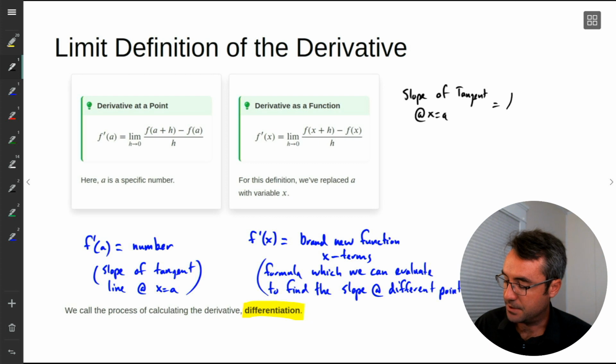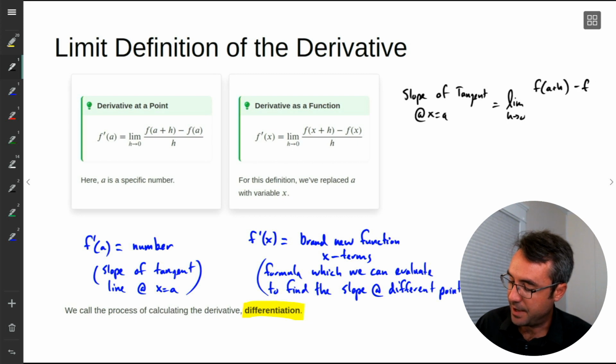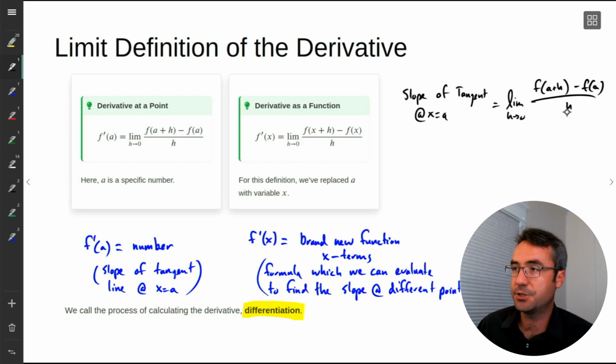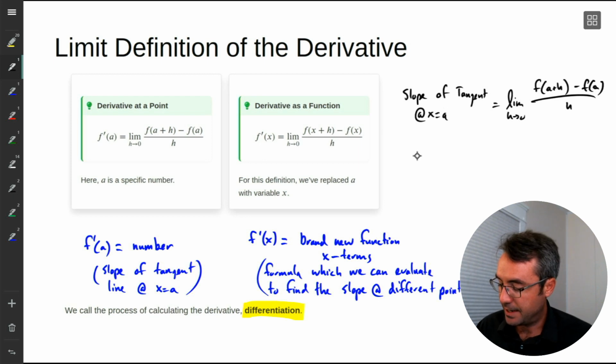And we said that was the limit as h goes to 0 of f of a plus h minus f of a divided by h. That was one of our formulas that we used. And that's one application. Another application we looked at is instantaneous velocity, and this involved the position function.